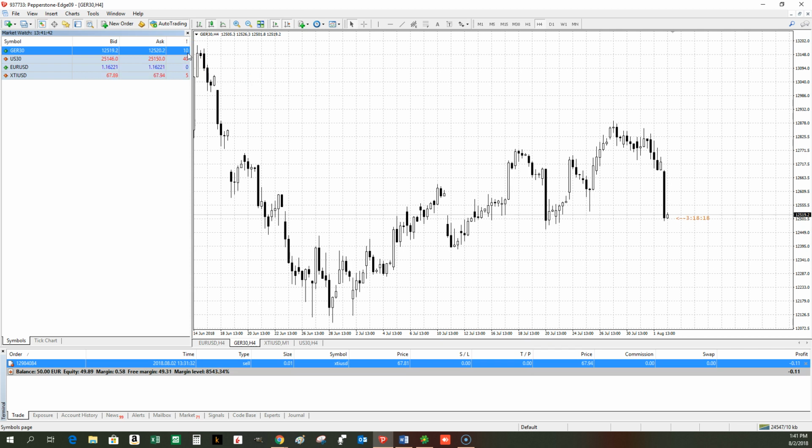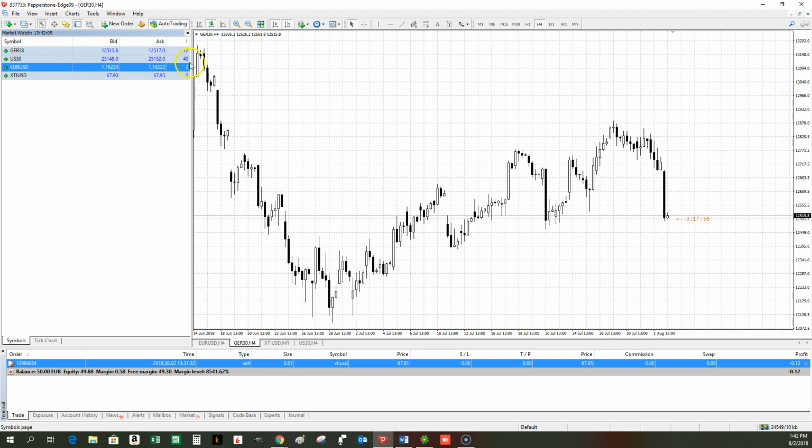Very, very small and tight spread. And you don't have any commission on that. The only commission that you're going to pay on the Razor account is on the euro dollar, and it's a very small commission and very tight spread as well. So it's a great, great platform to trade on.